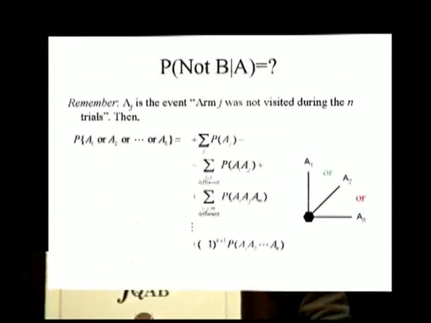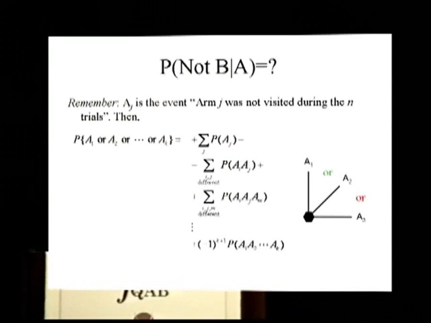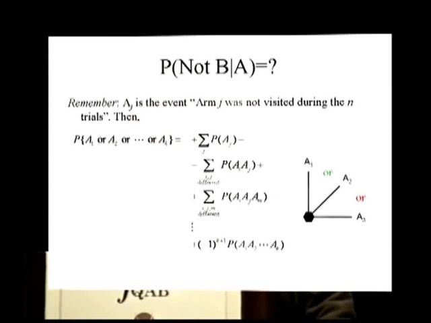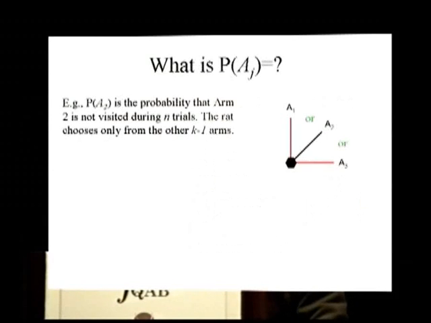Okay. So, remember, we're trying to find the opposite of what we want. Our problem is reduced to finding this probability. Okay? So, here's the formula. Probability of one at a time, then exclude two at a time, then include three at a time, and so on. Let's take it step by step, one at a time. That will be easy.